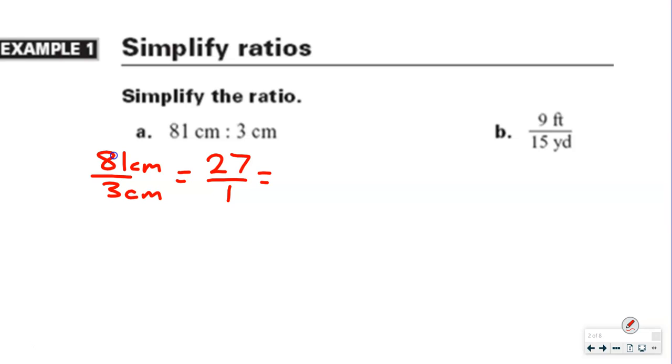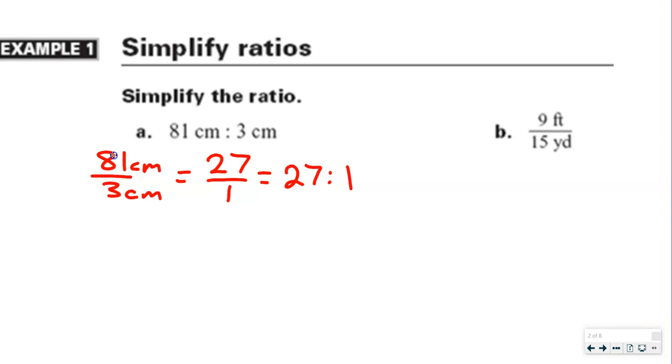And then if we were to rewrite it the way it was originally, it would be 27 to 1. And notice we're also looking for that greatest common factor, the GCF. 3 being the greatest common factor, so we're able to take 3 out of each number. And when you set it up, 81 over 3, that's exactly what we're doing. We're dividing by 3.